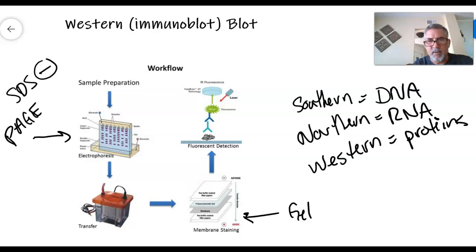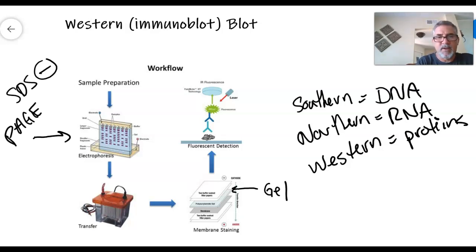Let me see. Nope, I've got it wrong here. So hold on. Let me fix my stuff. All right. So my polyacrylamide gel is here. And I know that because I have my negative charge on top.